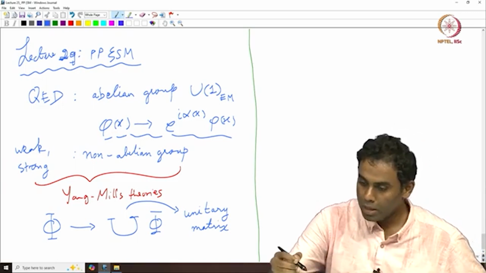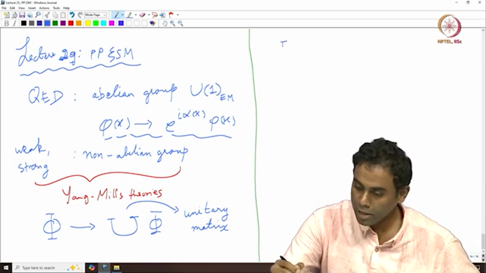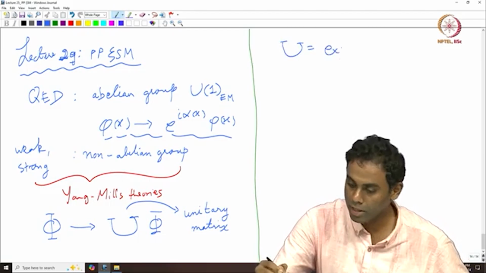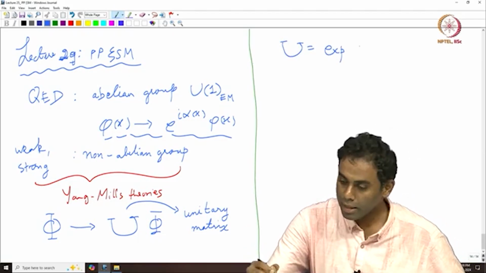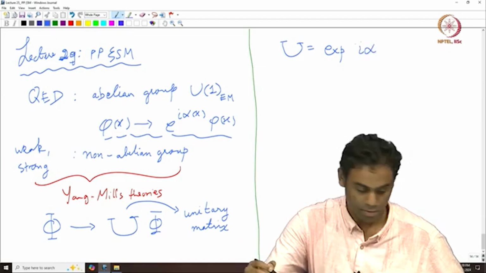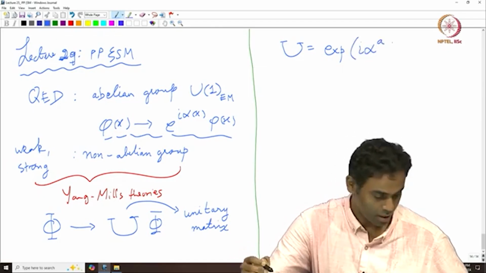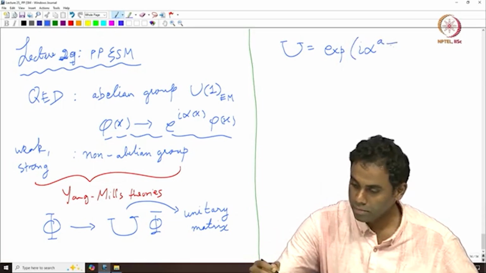All right. Now, I can characterize a unitary matrix this way. I can parameterize it this way. I can write it in terms of the generators. Agreed?